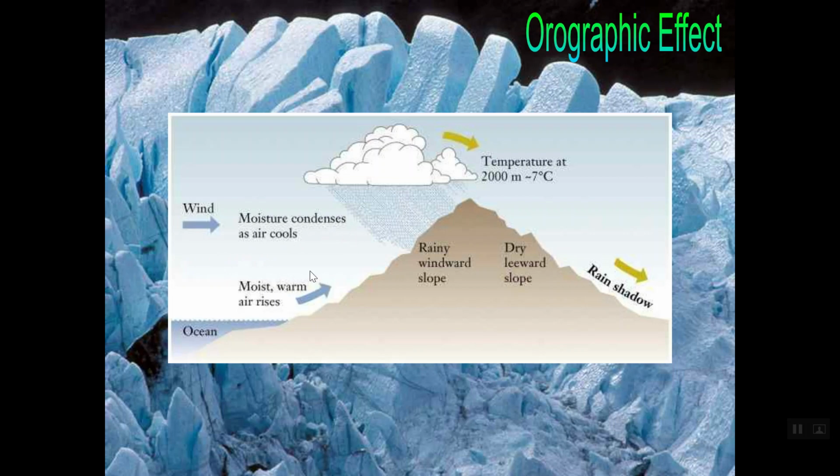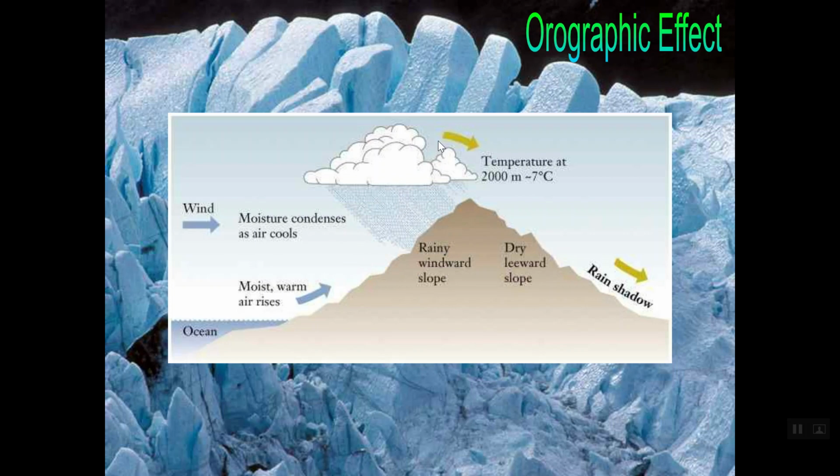That moist, warm air rises and condenses into clouds as the air cools, because remember our elevation effect, as we go up, we get cooler air away from sea level, and it rains out. So we end up with a rainy windward slope.